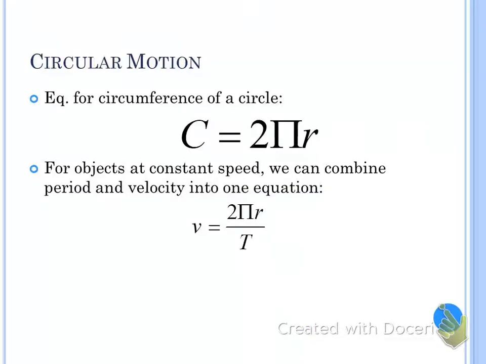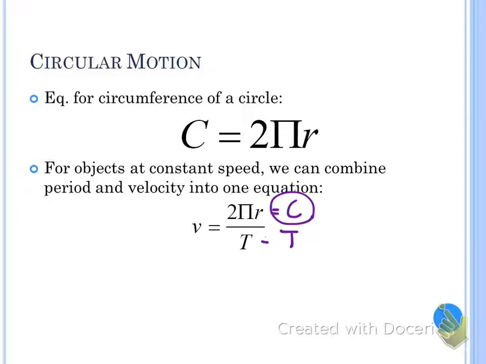We use this equation. This is circumference, and this is period, right? And what does the period tell us? The time it takes to do what? One revolution. And what does the circumference tell us? The distance of one revolution.